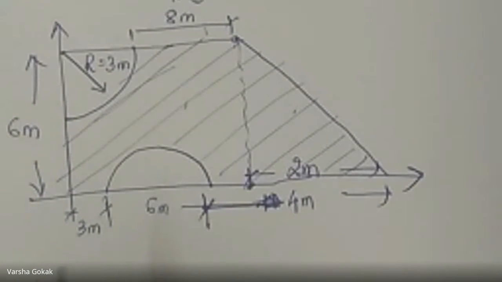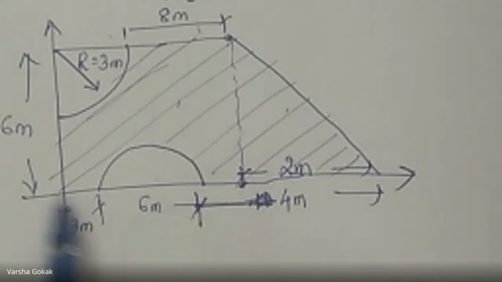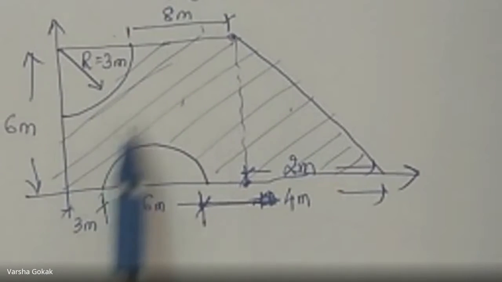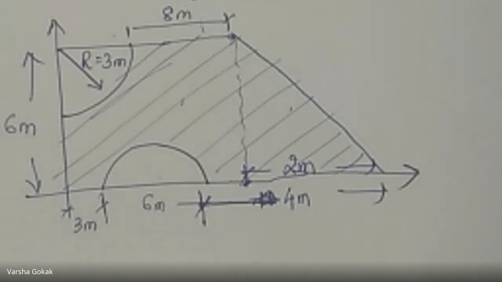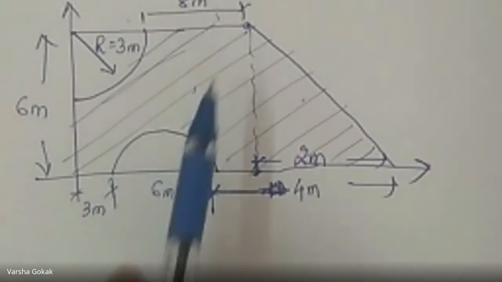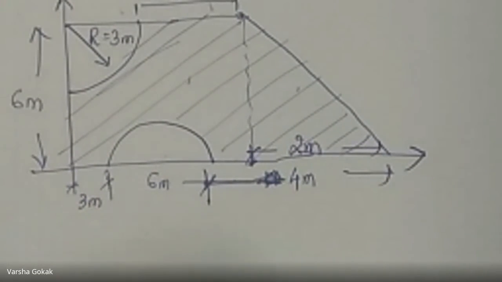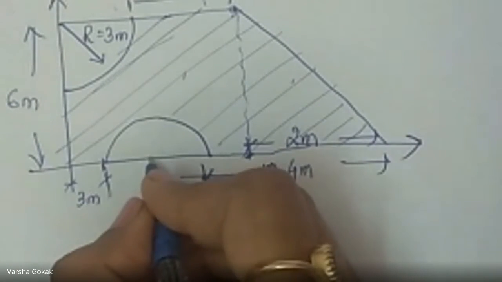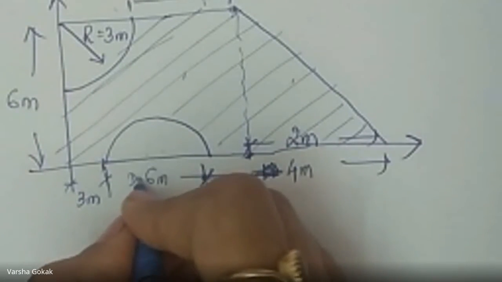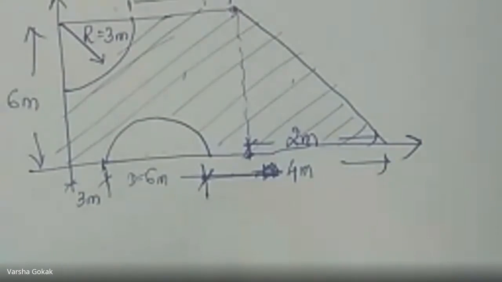Quarter circle. Right, absolutely right. Now this is not a square, okay? This is a rectangle. Look, this is 8, this is 3. That makes it 11. And this is 6, so rectangle. No problem, that's okay. It is looking like a square because I have drawn it like that. Not your fault. So this is 6. So here, when they give the 6, matlab, the diameter here is 6. And here the radius is known. Rest all the details are there.